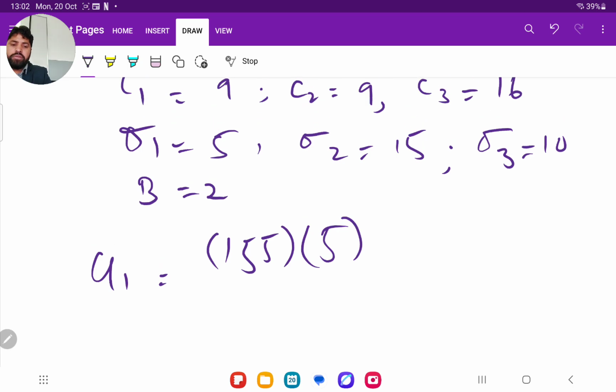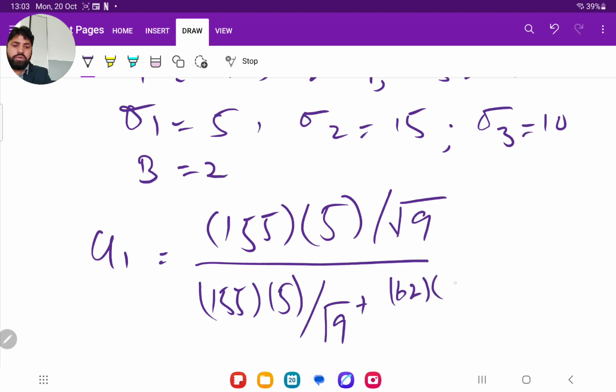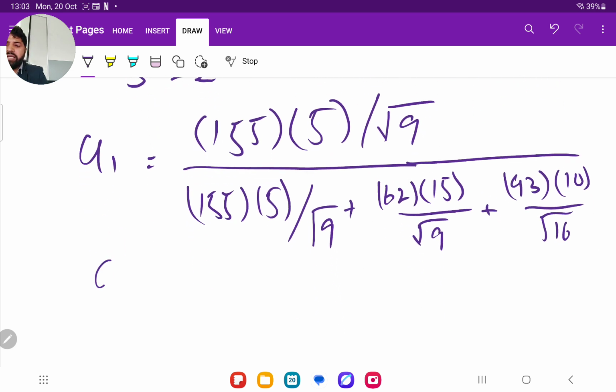Sigma 1 is 5 divided by square root of 9, divided by 155 into 5 divided by square root of 9 plus N2, which is 62, and sigma 2 is 15 divided by square root of 9 plus N3, which is 93, multiplied by 10, sigma 3, divided by square root of 16. Okay, so what is A1?